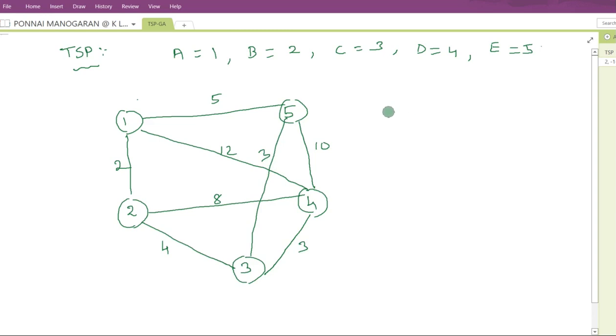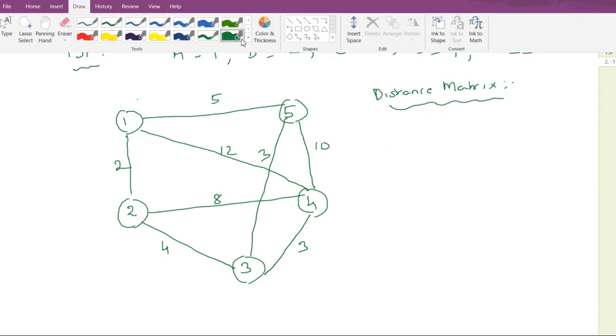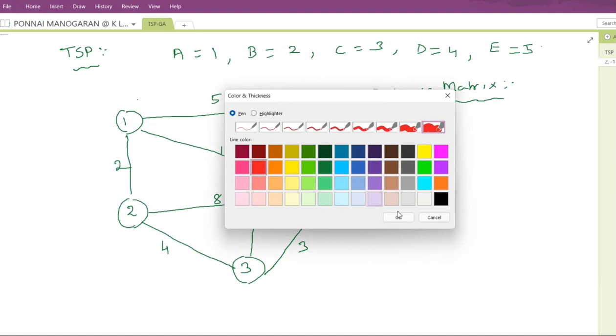So if you observe this, it is a symmetric matrix, and also there is a bidirectional path that exists between each pair of cities. Okay, so you can draw a matrix, distance matrix. Let us compute a distance matrix. This is for our flexibility purpose. Let me draw in different color.